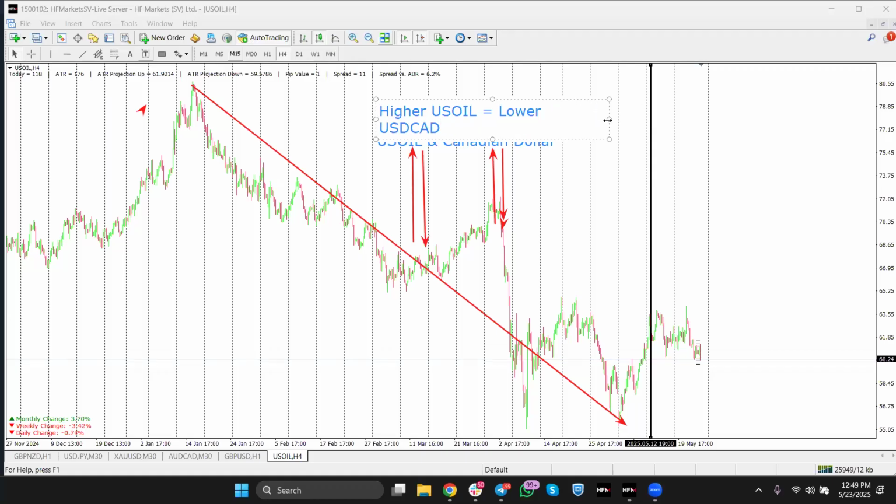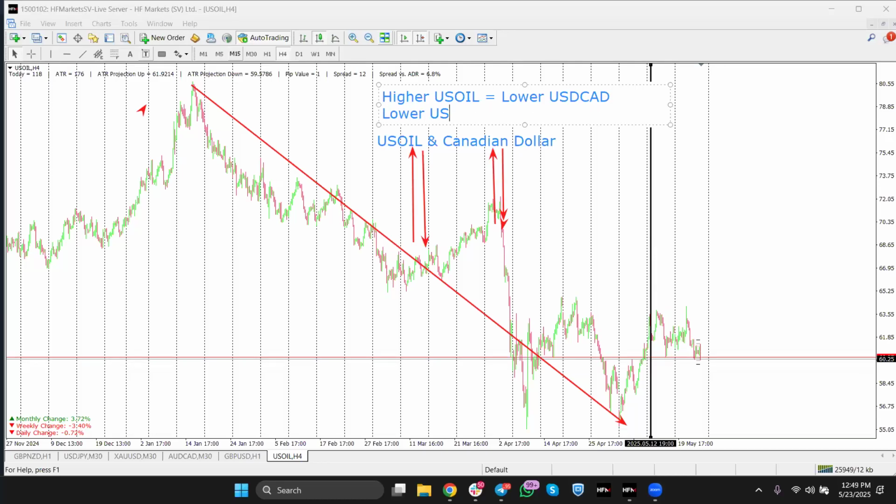And when we see lower US oil, then we would naturally be expecting higher USD CAD. Why? Because if oil prices are lower, the Canadian economy is not making so much money, that reduces the value of the Canadian dollar, especially since US and Canada do so much business with oil, and that relationship is quite negative. So this gives you higher USD CAD.